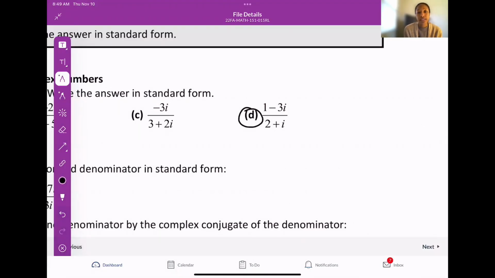These are already written in standard form, so there's nothing left to do there. Then to divide these, we're going to multiply by the conjugate of the denominator. The conjugate of 2 plus i would be 2 minus i. And we're going to do that in both the numerator and denominator. All right, let's go. In the numerator, remember that we have to FOIL.